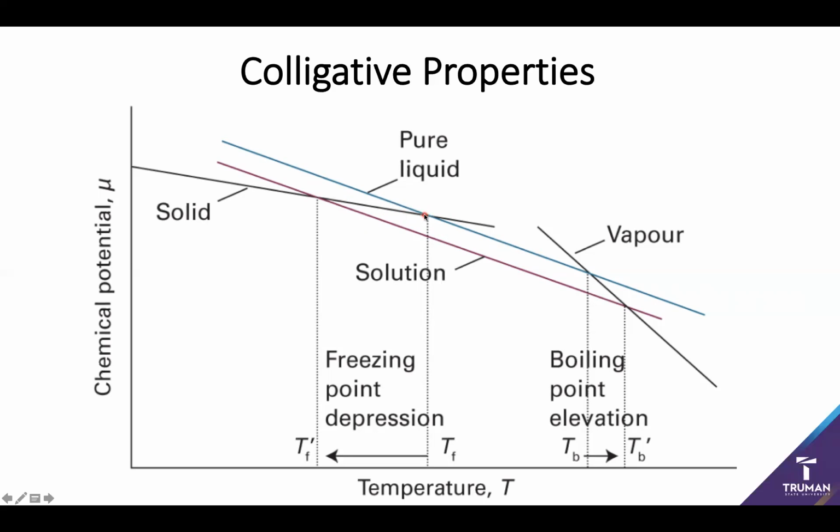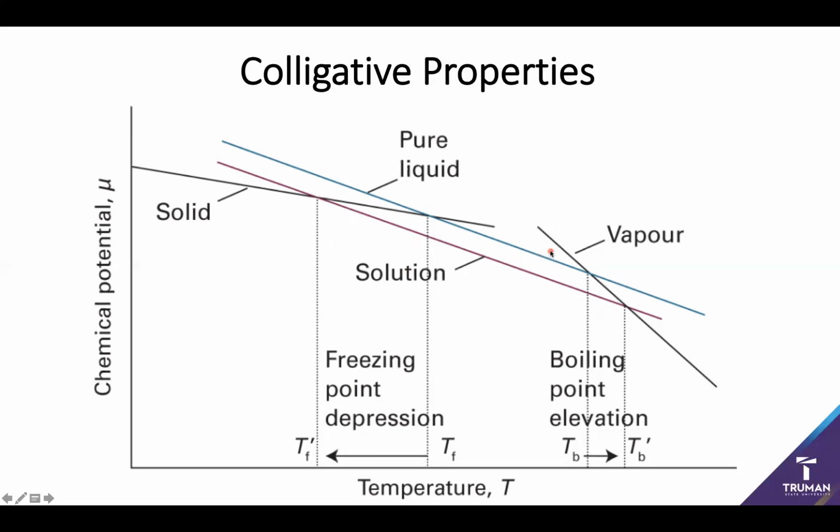But as soon as I add an impurity, I lower the chemical potential, which changes the point at which that intersection occurs. Because my liquid is now stabilized, that intersection happens at a lower temperature. This is called freezing point depression because my freezing point decreased.